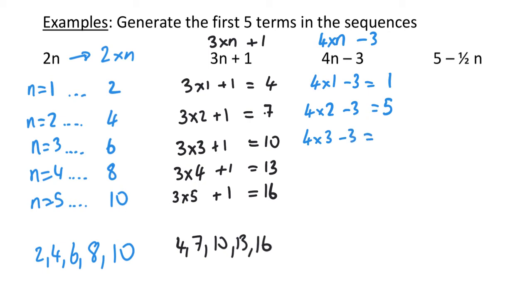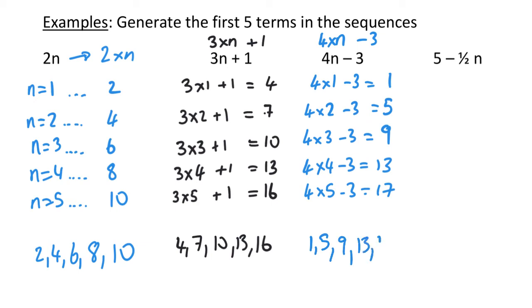So 4 3s are 12, take away 3 is 9. And n is 4, it's 4 times 4, take away 3. So that's 16, take away 3 is 13. And then 4 times 5, take away 3, which is 20, take away 3, which is 17. So we've got our sequence of 1, 5, 9, 13, and 17.